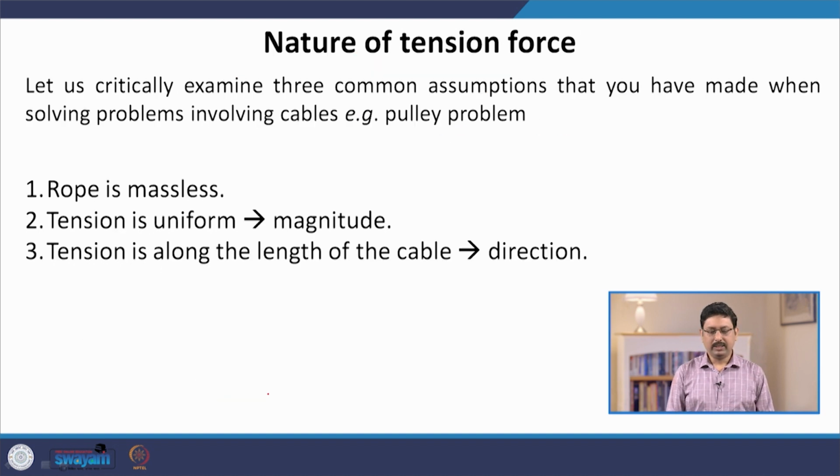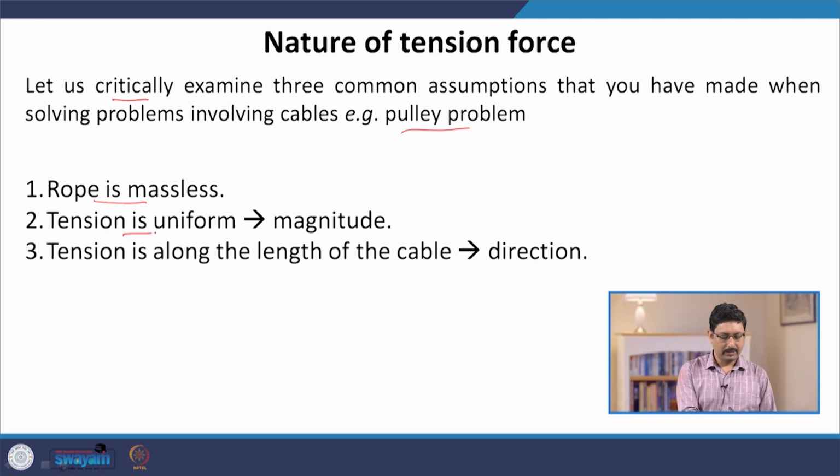The first thing is to start by critically, the word critical is crucial, examining the three common assumptions that we normally make in high school physics courses to solve problems that involve ropes, for example, this pulley problem. The first thing you say is that the rope is massless.